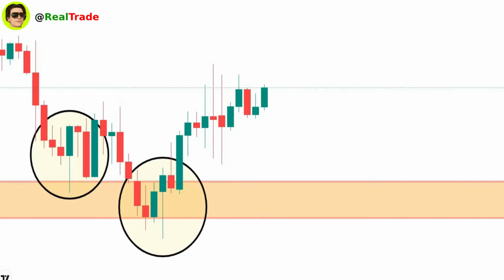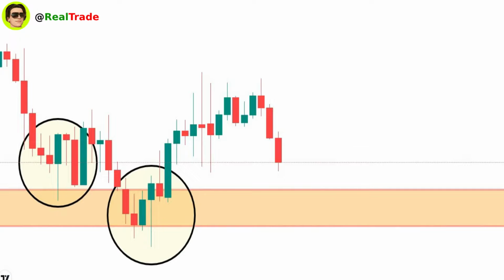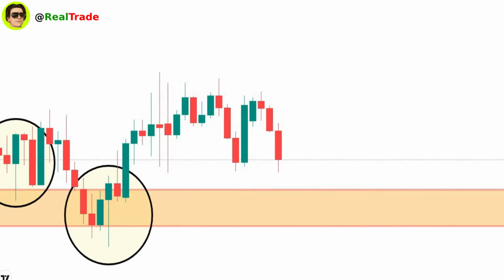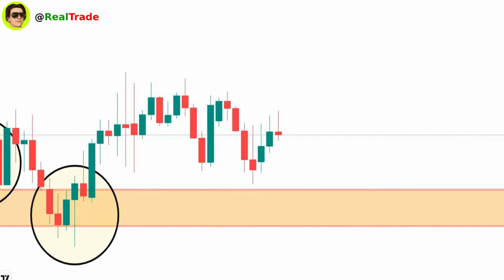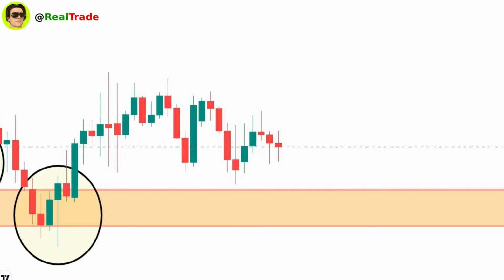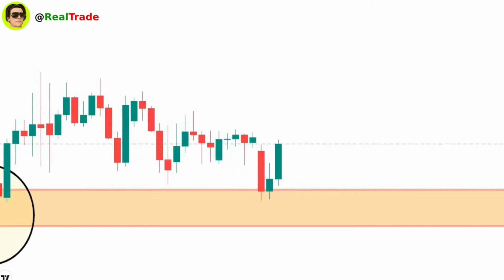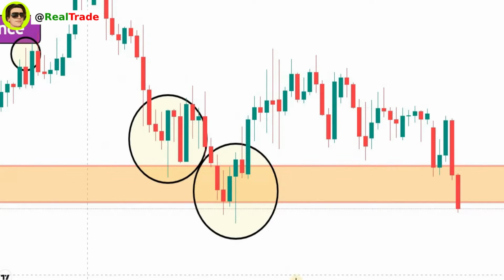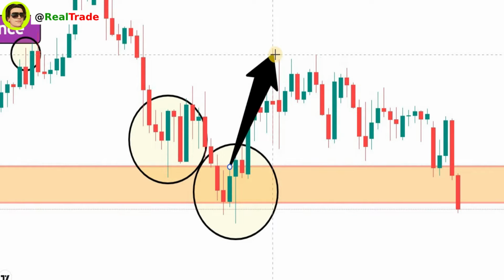Next candle, continue. Yes, continue. Next local resistance. It's very good. Yes, this zone broke the local support zone.